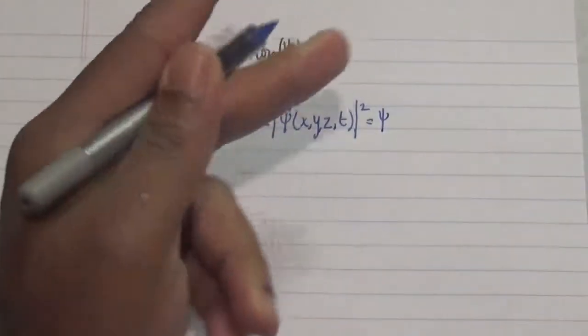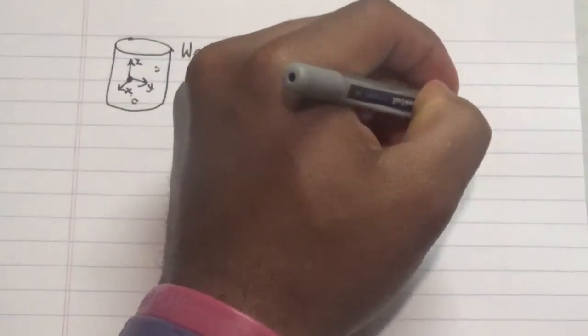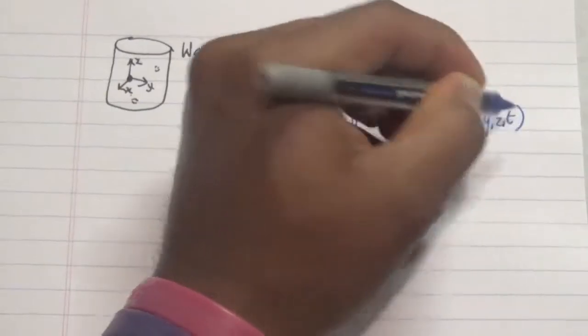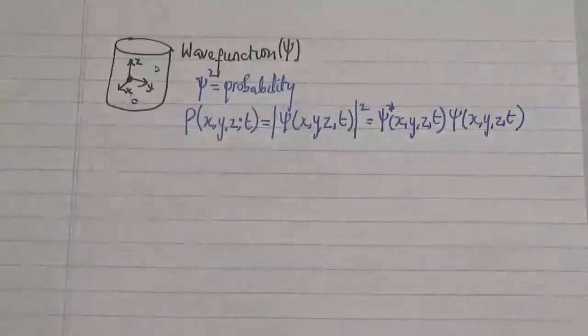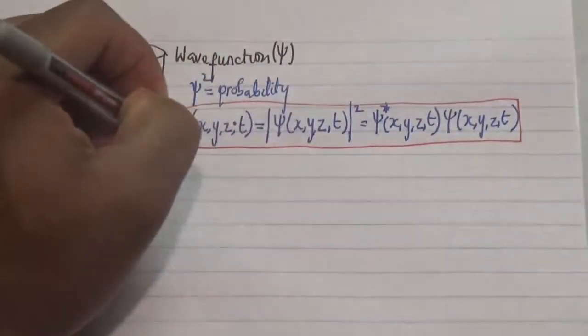Then this is equal to splitting this wave function into two: one part, the complex conjugate, which describes the particle in x, y, z and time, multiplied by the other wave function, which is x, y, z, and time as well. This formula describes a one particle system.